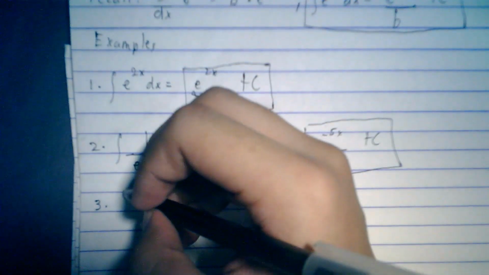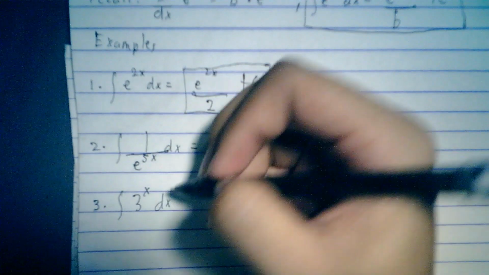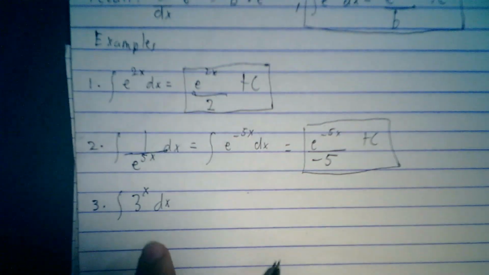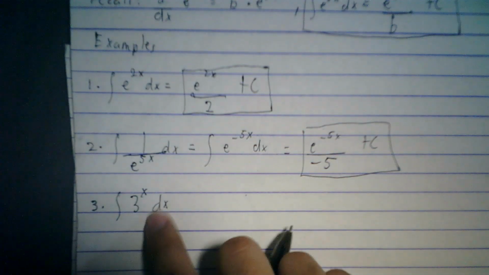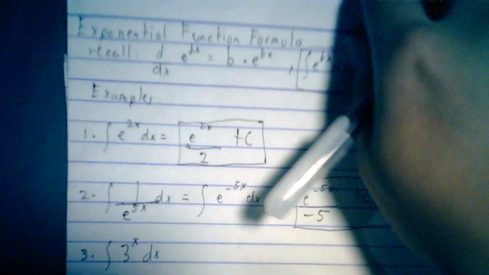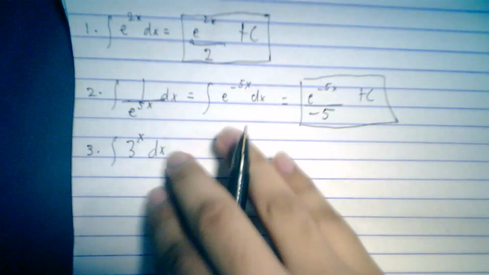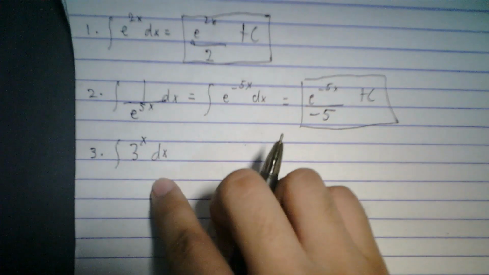Number 3, the integral of 3 raised to x dx. Okay, you notice, right, there is no e here in number 3. So what we need to do first is to equate this to y.